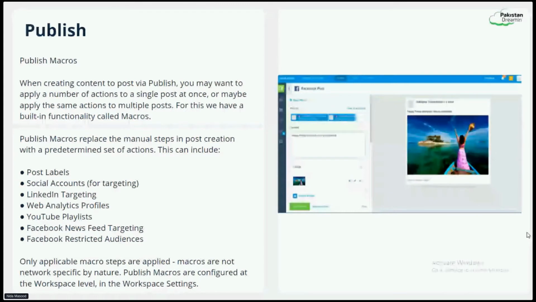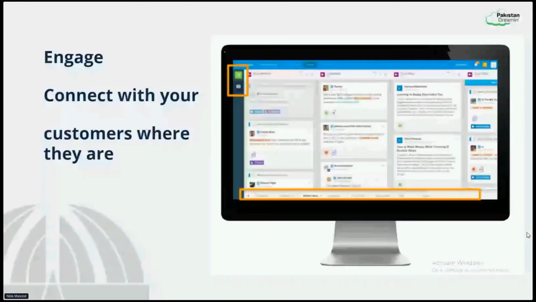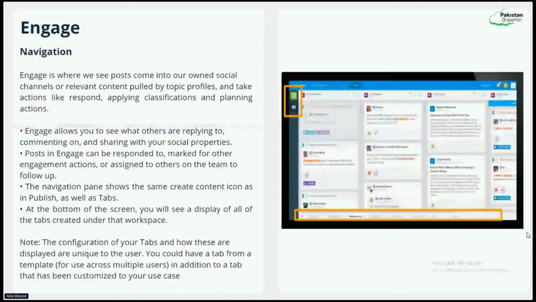And then you have Engage, which is the main platform where you connect with your customers and collaborate with them. Here you have different columns for engaging with your customers.